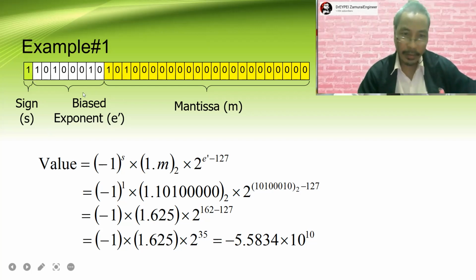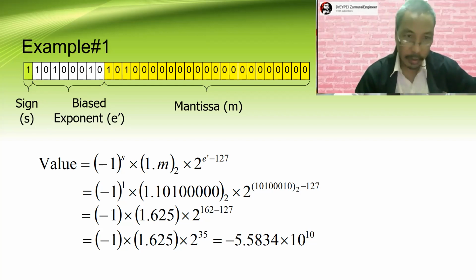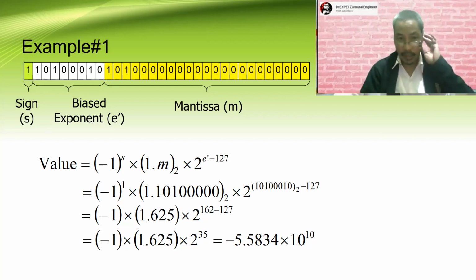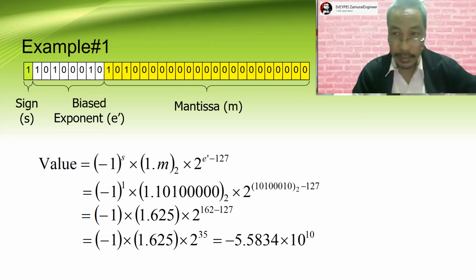So the biased exponent is 8 digits. The given is 10100010. So convert this to decimal.